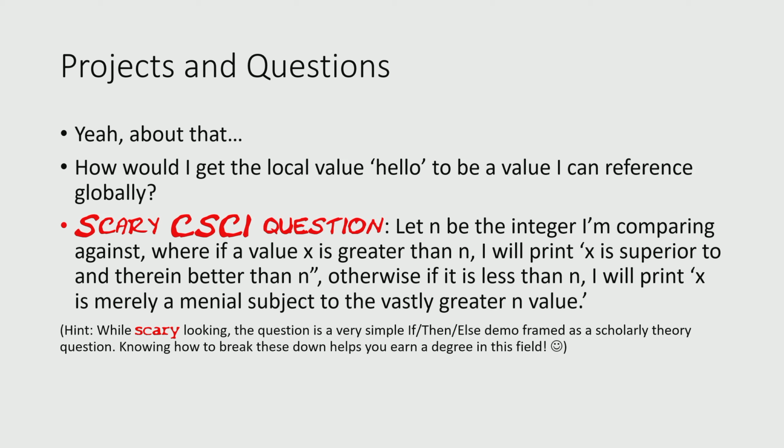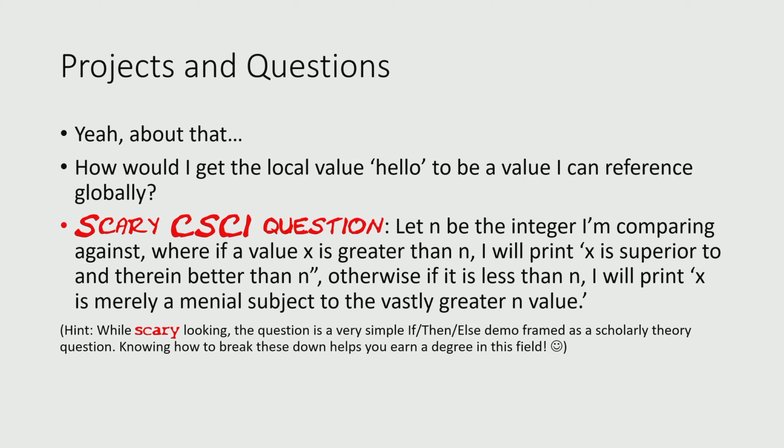So while pompous and kind of egotistical, there's really not a whole lot going on here, and this is actually very basic. As you can see in the hint, it's a very basic and simple demonstration of the if-then-else function.